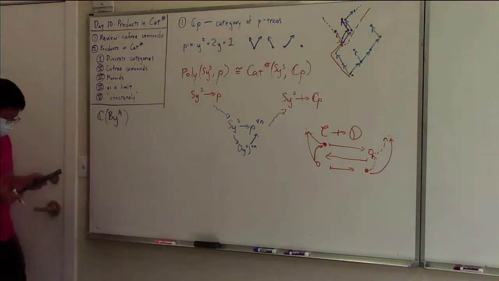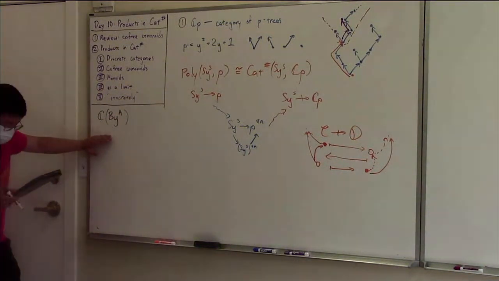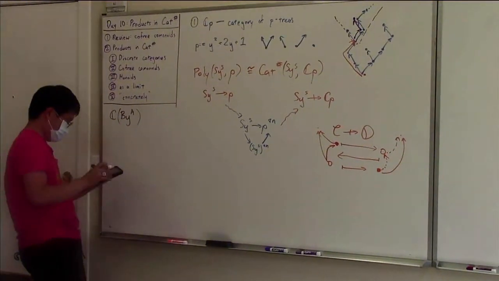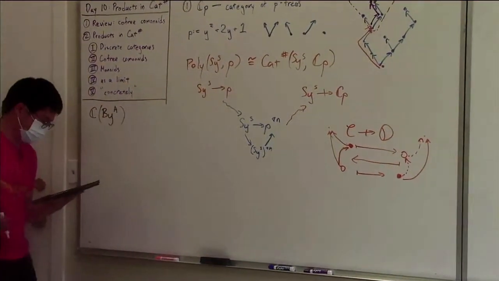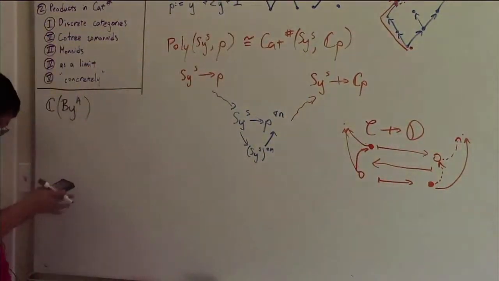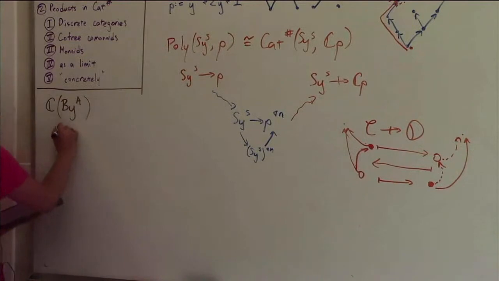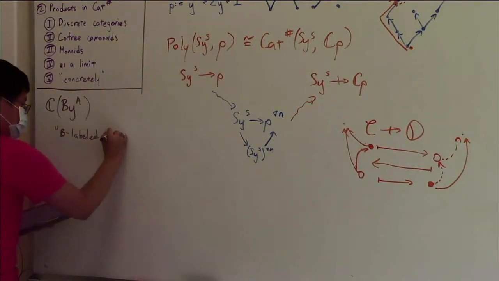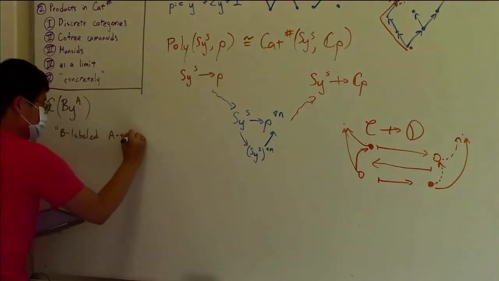Well, it's going to be what I'm going to call these B y to the A trees. I'm going to abuse this notation a bit and call these objects B-labeled A trees. What do I mean by this?